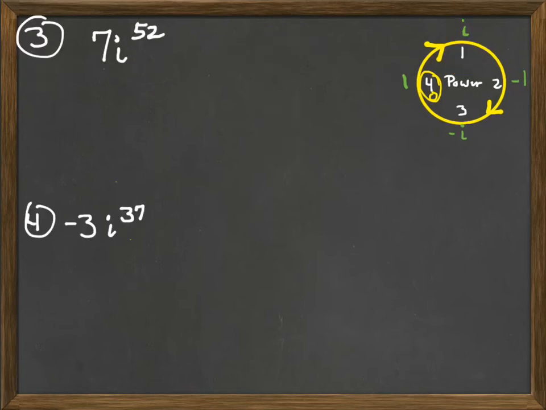Let's look at another one. So this time, I have 52. I am going to divide that by 4. That will go in evenly 13 times with a remainder of 0. So that's here. But what's different is I have that 7 in the front.